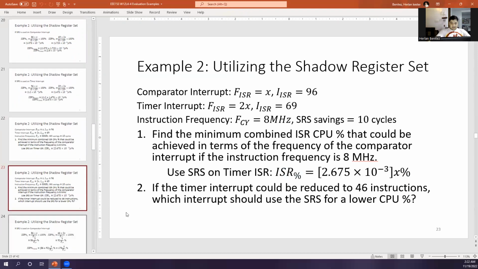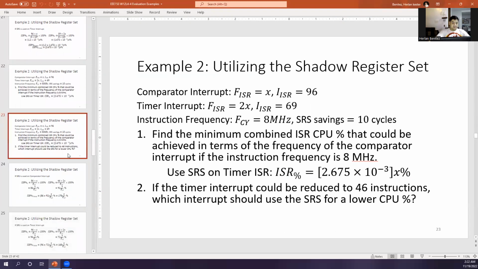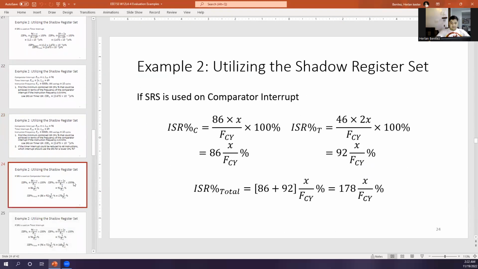So, the next question is, if the timer interrupt can be reduced to 46 instructions, magbabago ba yung sagot natin? Timer pa rin ba yung gagamit ng shadow register set? So, ayun, let's just compute.